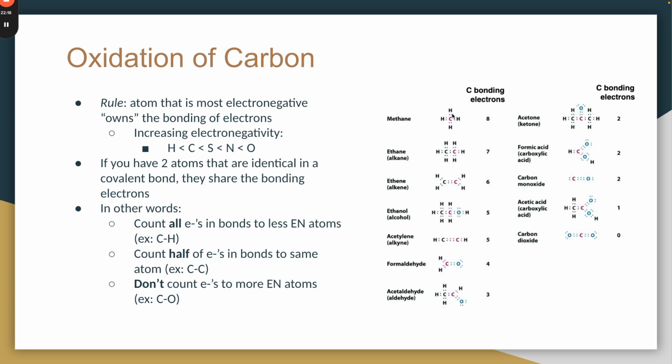If we see this carbon in CH4, it has 4 bonds to hydrogen. If we draw those bonds out as 2 dots, which represent the 2 electrons in a covalent bond, carbon is more electronegative than hydrogen. So each of these electrons surrounding this carbon is owned by this carbon.